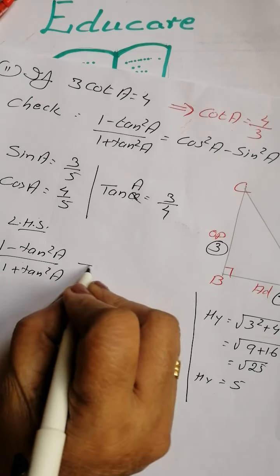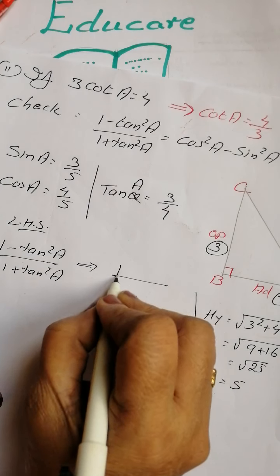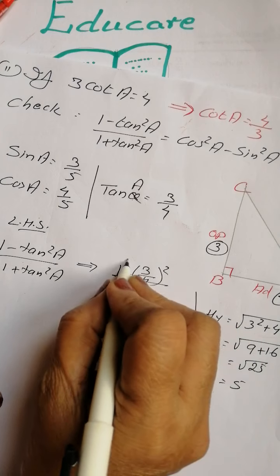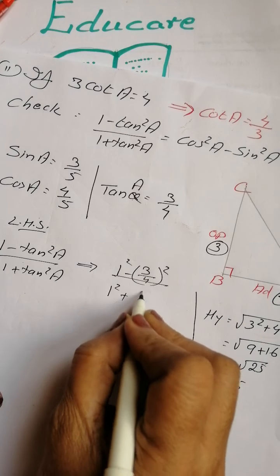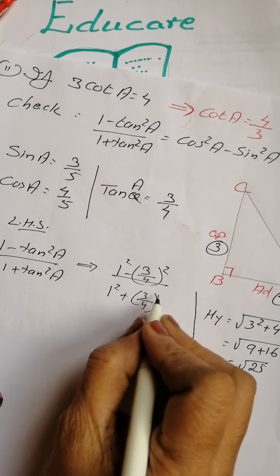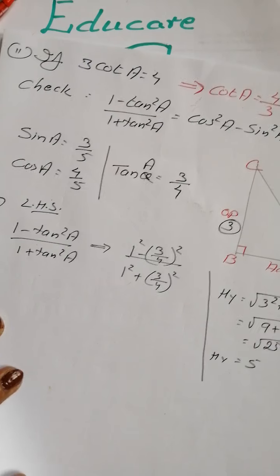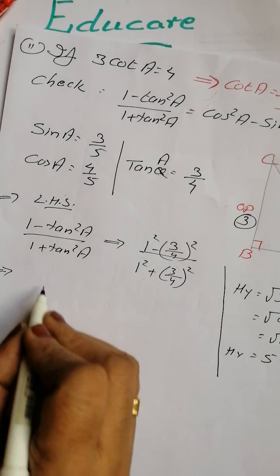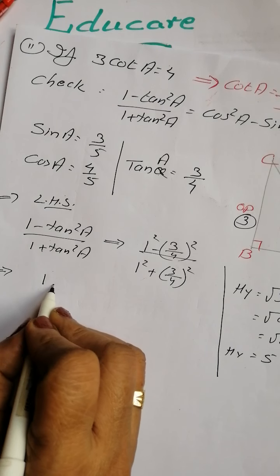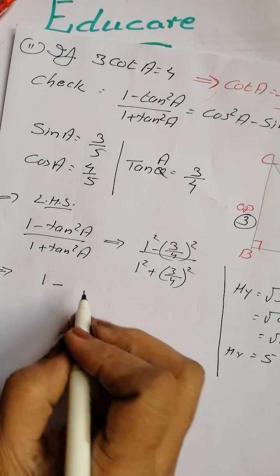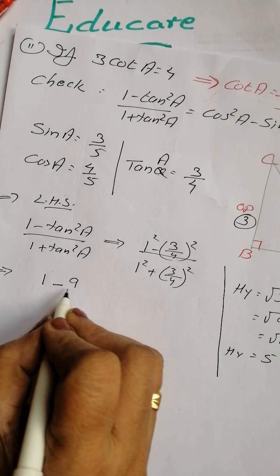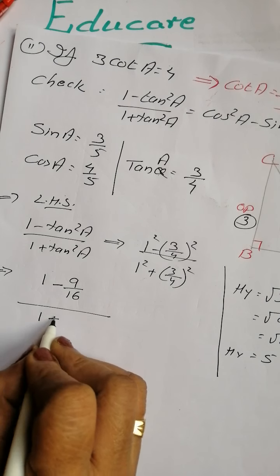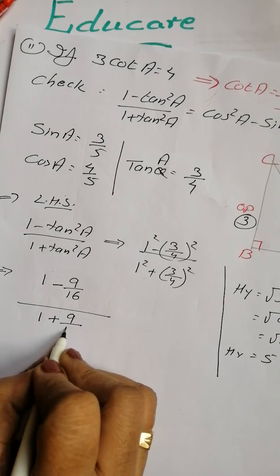So first I will write the main part as it is: 1 minus 3 by 4 the whole square, by 1 plus 3 by 4 the whole square. This is the thing we have to evaluate. Now 1 minus 9 by 16, the whole by 1 plus 9 by 16.